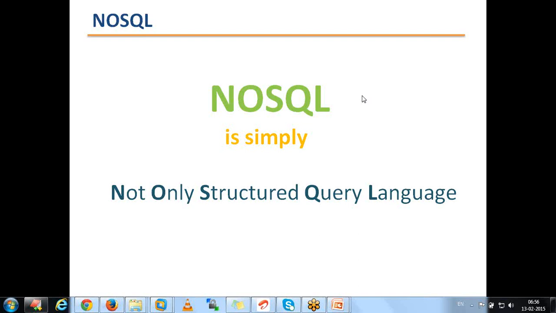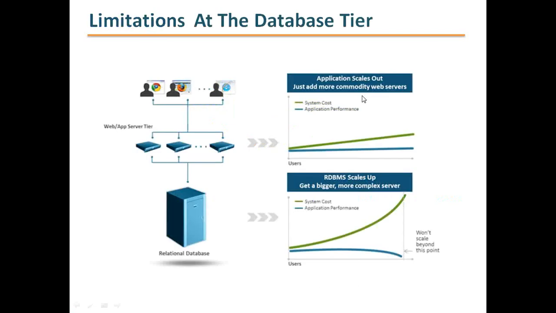NoSQL has a lot of advantages. In the upcoming slides I will give more details. Coming to database types, what are the limitations on the RDBMS side? Generally, in any web application, we have an RDBMS as a backend for storing the data.